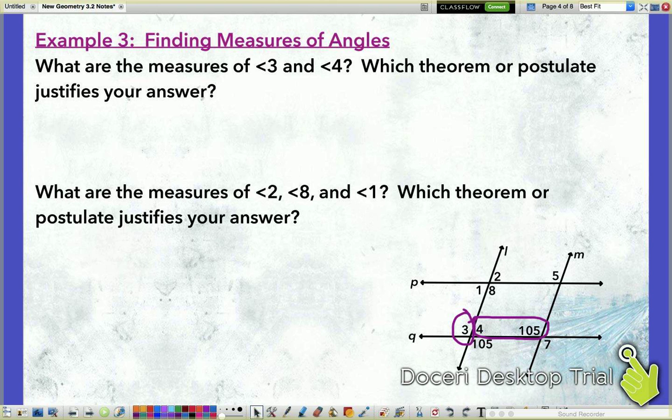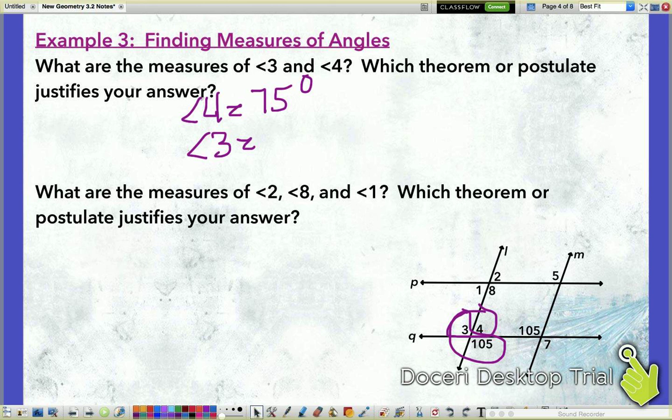So angle 4 would equal 75 degrees. Now we need to know angle 3. There's different ways that you can think about this. 3 and 4 make a linear pair, and 3 and 105 are vertical angles, so they would be congruent. So my answer would be 105 for that one.